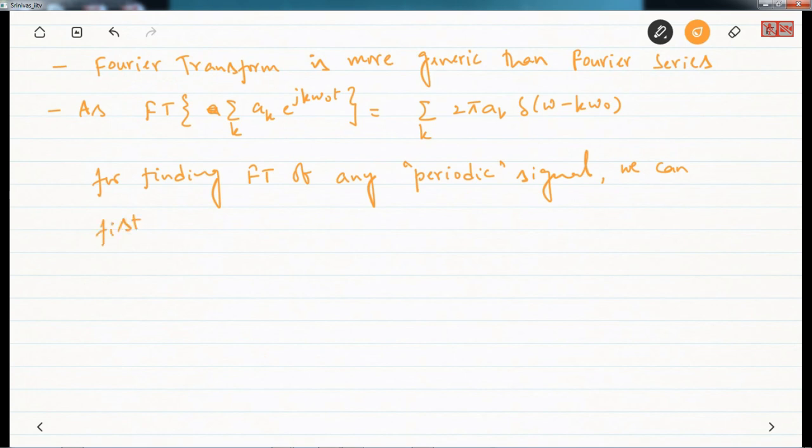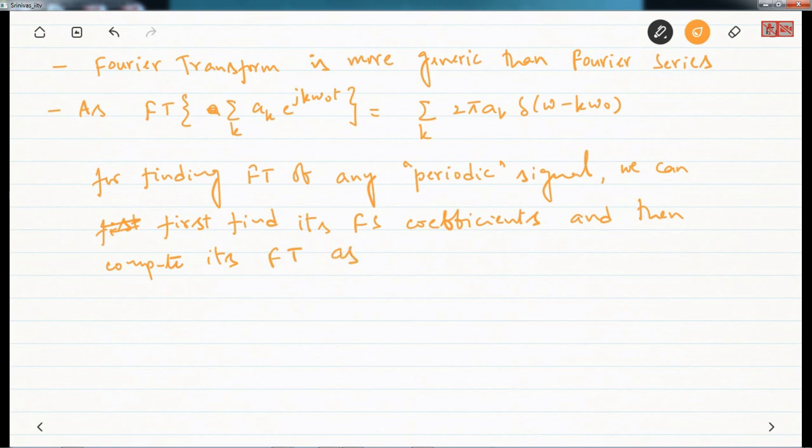First find its Fourier series coefficients, and then compute its Fourier transform as follows. If you find the Fourier series coefficients, multiply that with 2 pi and then add this term delta of omega minus k omega naught, k equal to minus infinity to plus infinity, right?